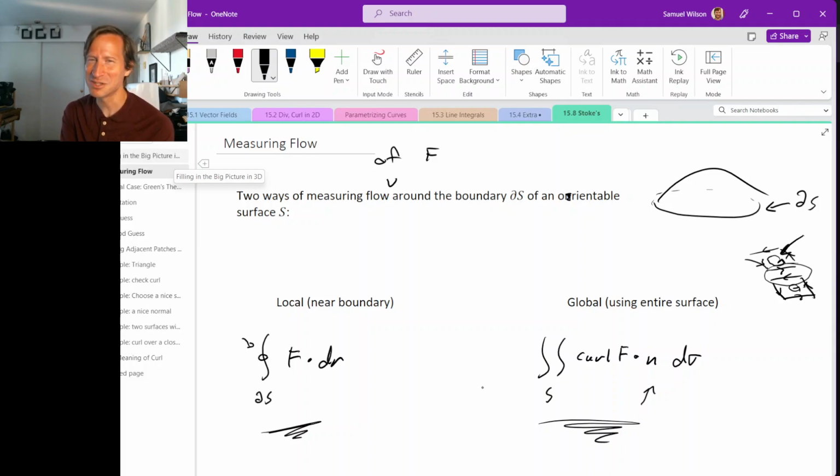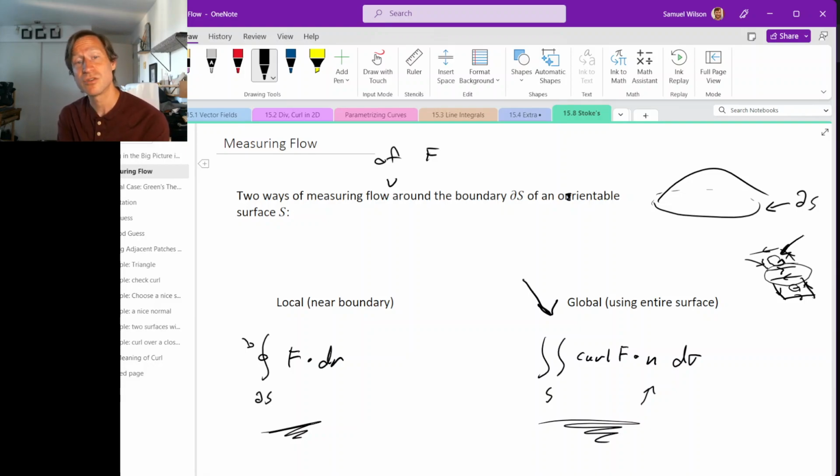This is kind of similar to what happened in Green's theorem. It is different because this is not just a double integral over a region in a plane. It's an integral over a surface, so it's more complicated. But it seems like a similar idea.